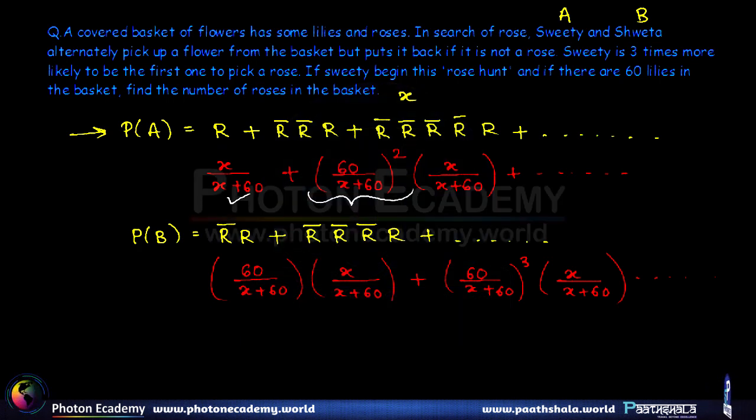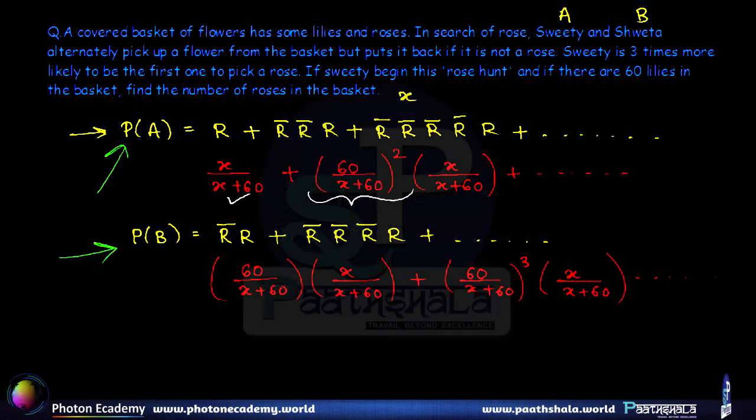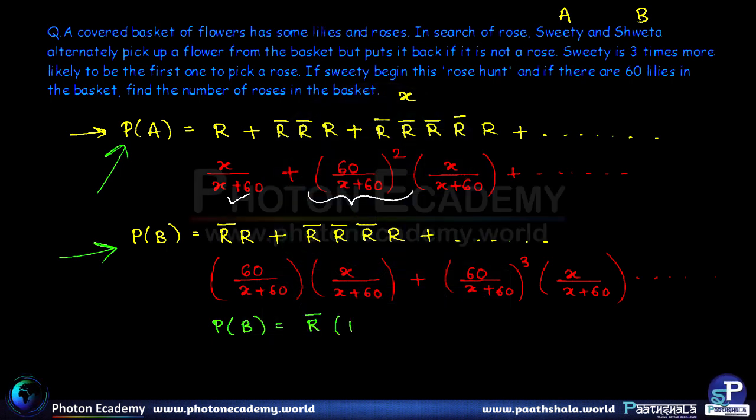Okay, so now if you compare these two equations, the probability of A winning and the probability of B winning, you will see that they are exactly the same, except that in the second case, the probability of B winning, we are just multiplying the whole first equation by R dash. So we can write the probability of B winning is equal to R dash times the probability of A winning.